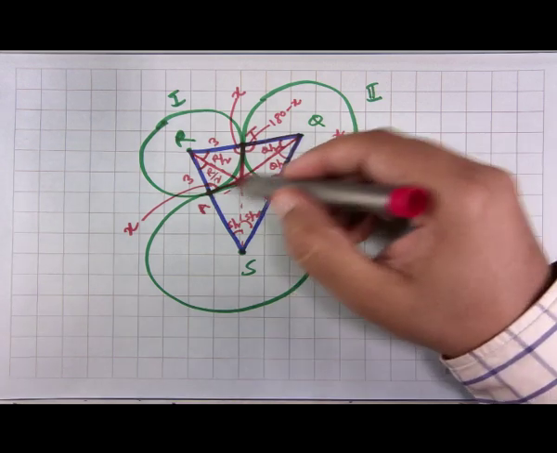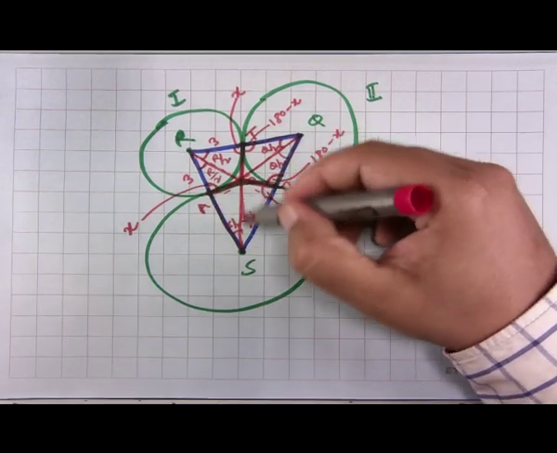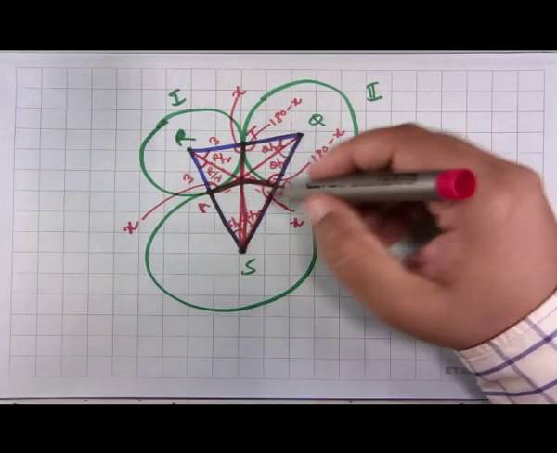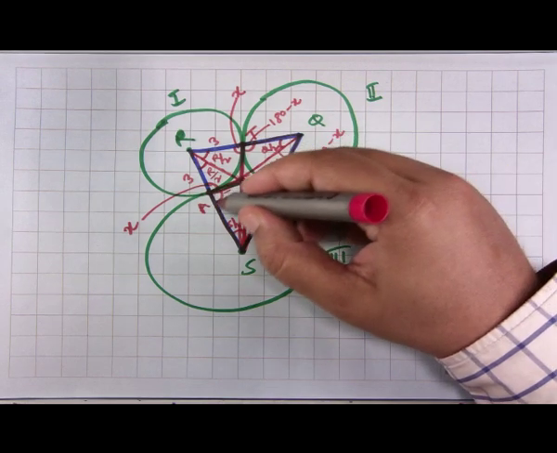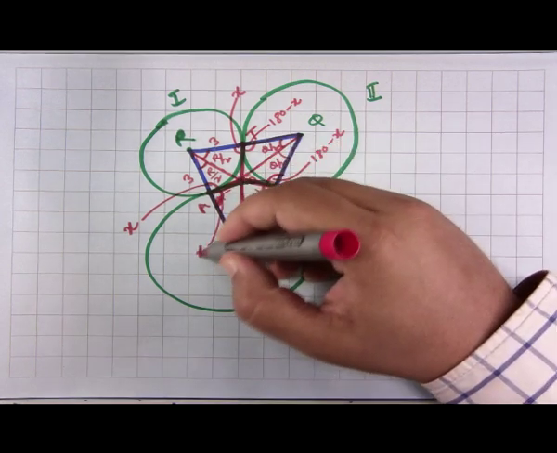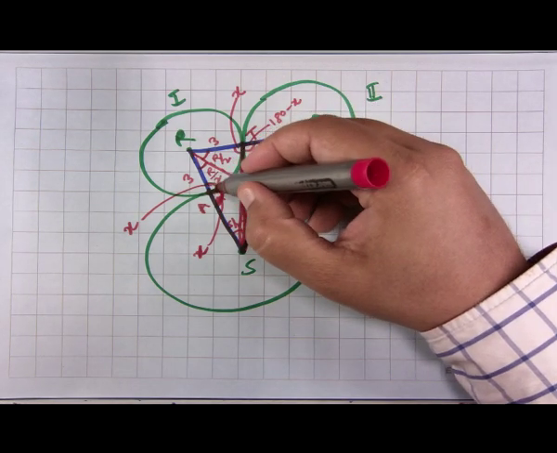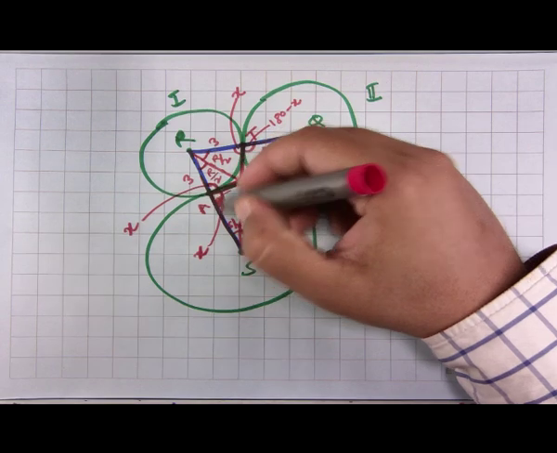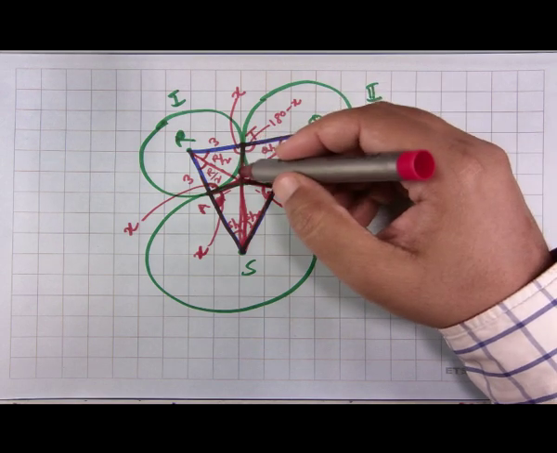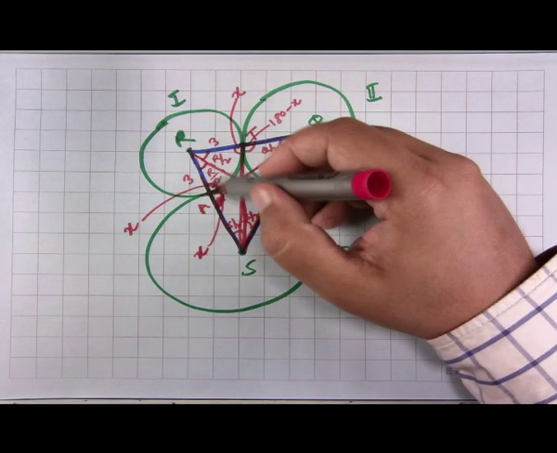Again, from the congruency of this triangle and this triangle, which can be shown in a similar manner, this angle and this angle have to be equal. Since this is x, this angle will also be x. Therefore, this x plus this x is a straight line, so this angle x has to be 90 degrees. What we have shown is that the angle RAO is 90 degrees.